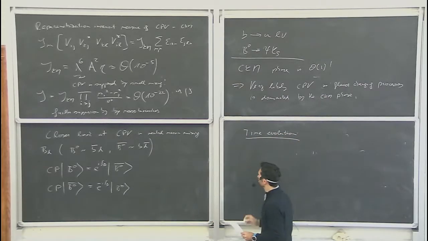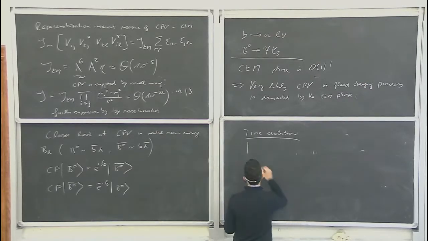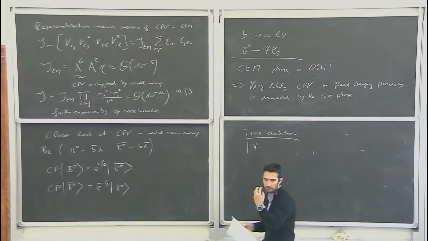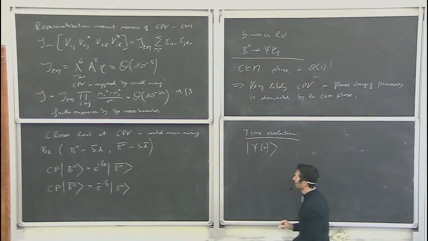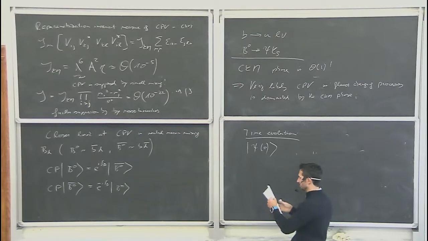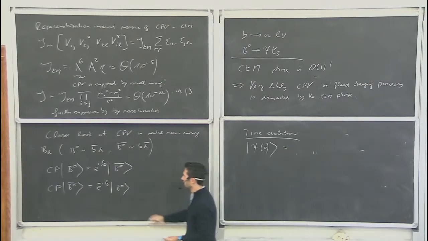So we start at time equals 0, let's say at the time of production or fragmentation of a state, and let's denote this as the state psi of 0. In general, this will be an admixture of the B0 and B0 bar.